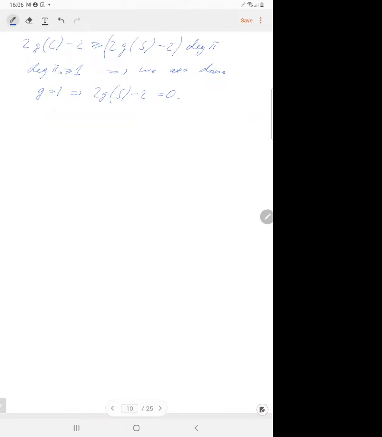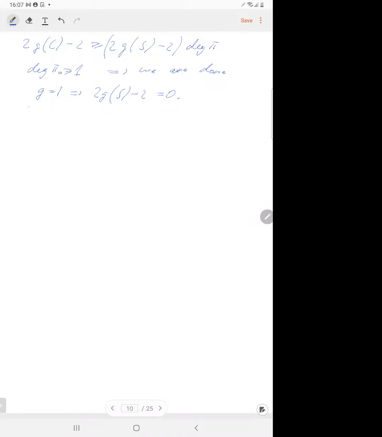Я так понял утверждение, что если GS равно единице, то GS равно GC. Так? It can be so. The statement is that if the genus of the base is bigger than 1, then the genus of the covering curve is necessarily strictly bigger than the genus of the base. Right.